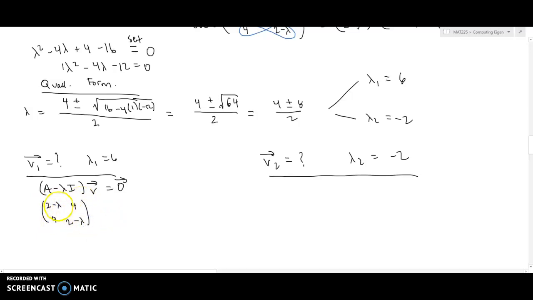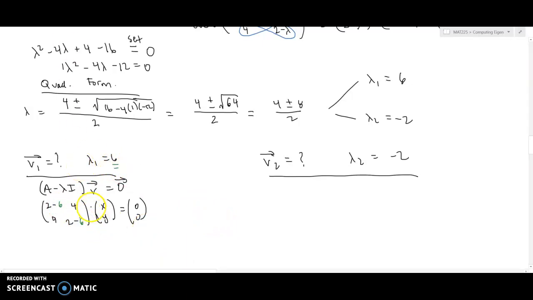But I already know what lambda is. So I'm going to write this out in scalar form so we can see what it is that we're after. We're after the x and y components here. For lambda equals 6, if I plug in 6 for lambda here, then we'll have a minus 6 here, and we'll have a minus 6 here, and that's just based on our lambda value.